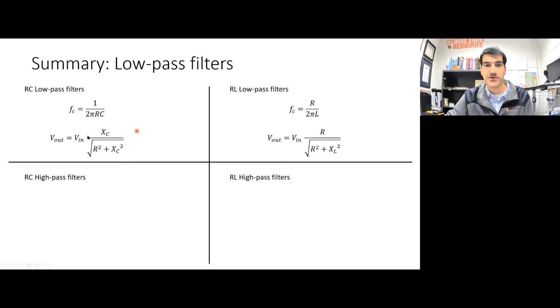That's the output voltage at a specific frequency for an RC low-pass filter. For an RL low-pass filter, the cutoff frequency is the resistance R divided by 2 pi L, where L is in henries. And the output voltage is equal to the input voltage times the ratio of the resistance, which is equal to the impedance since a resistor has no reactance, divided by the square root of R squared plus the inductive reactance squared.